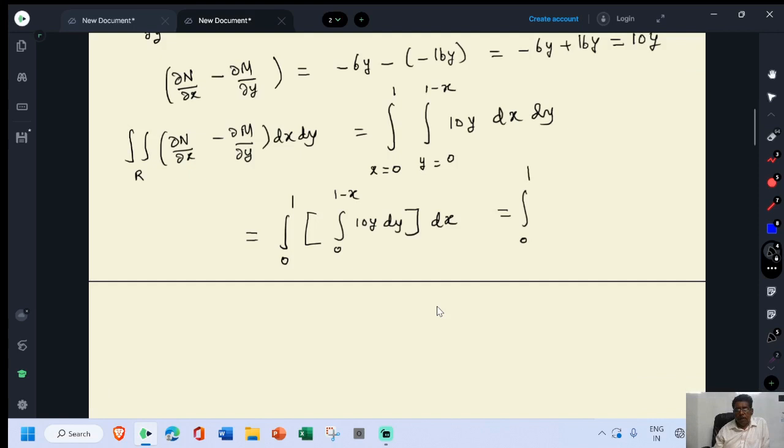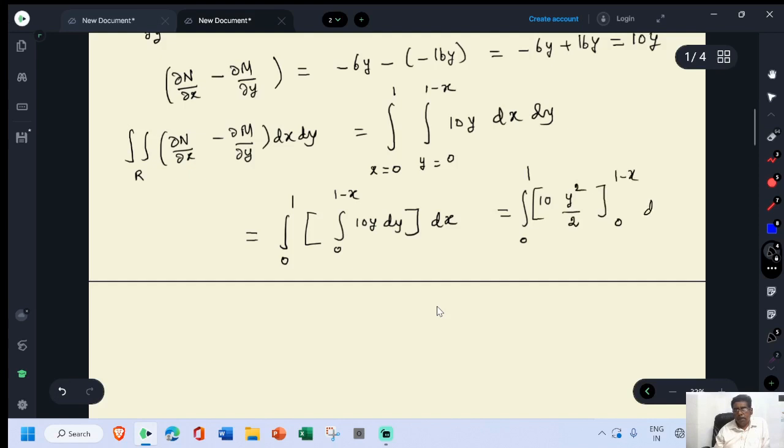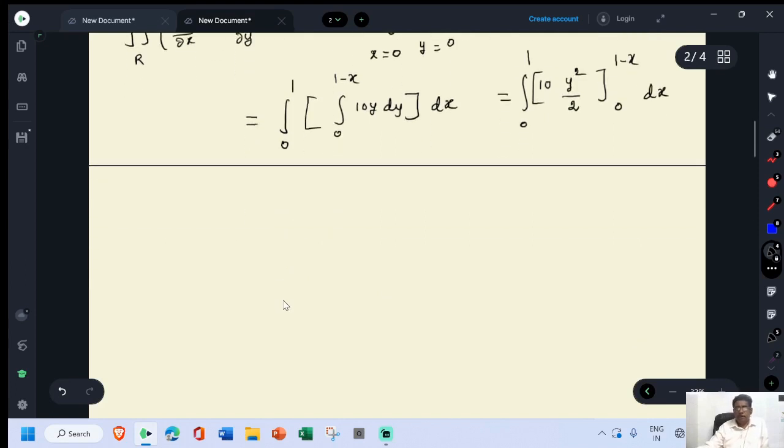Since 10 is a constant, we put 10 as such, and integrating y dy gives y²/2. Then we apply the limits 0 to 1 − x, the entire thing multiplied by dx. 10 by 2 is 5, y², then apply the limits 0 to 1 − x, dx.